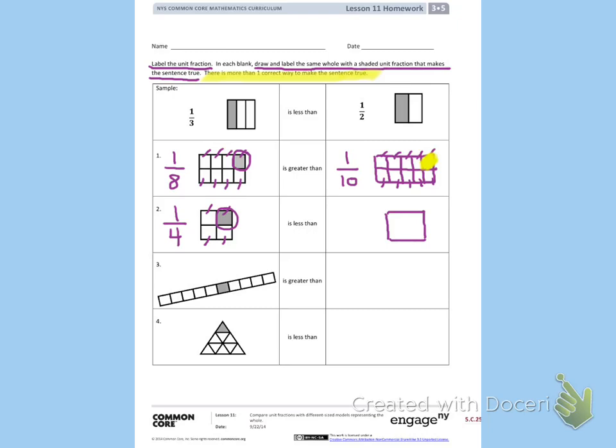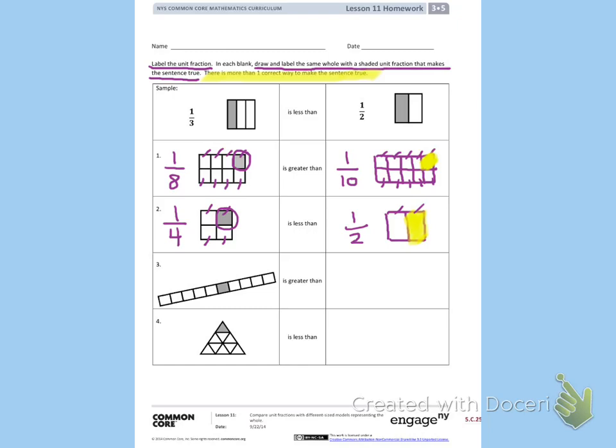So I'll go ahead and just share this square with 2 people. And I'll shade in 1 portion. Now I have 2 pieces that are equal size, and only 1 is shaded, or 1 out of 2, 1/2.